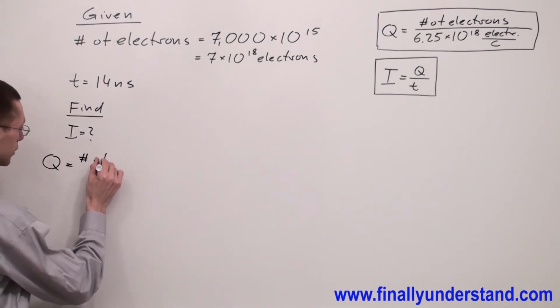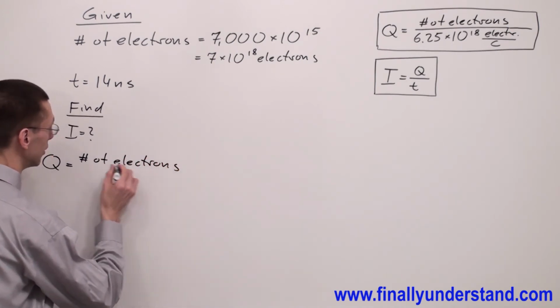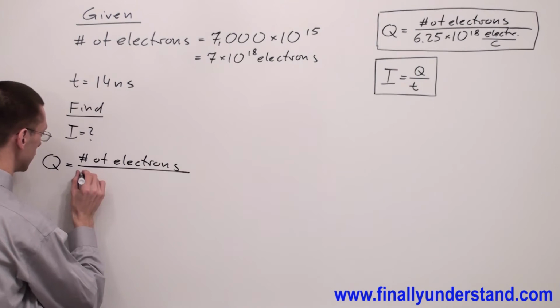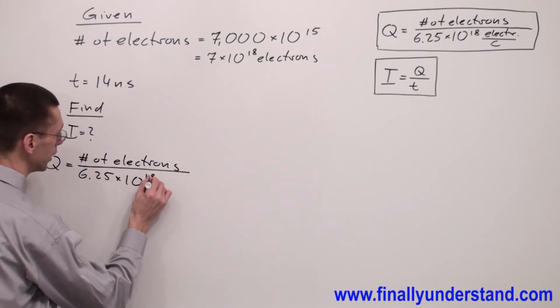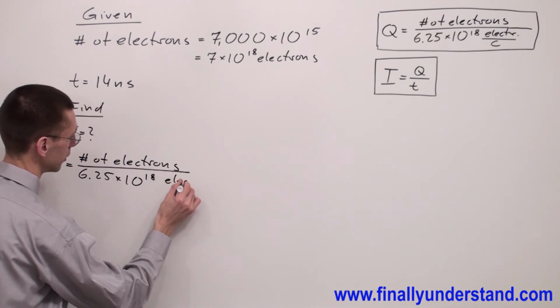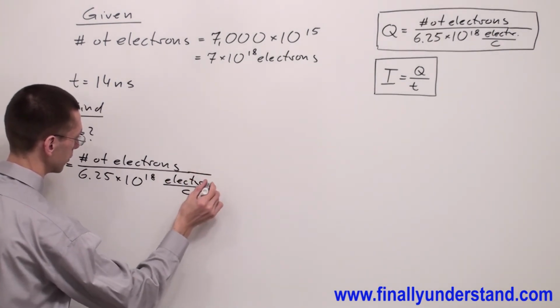Number of electrons over 6.25 times 10 to 18 electrons per coulomb.